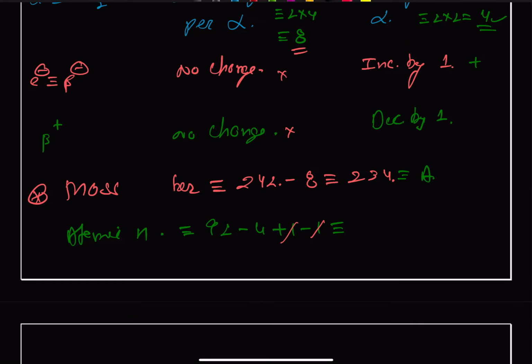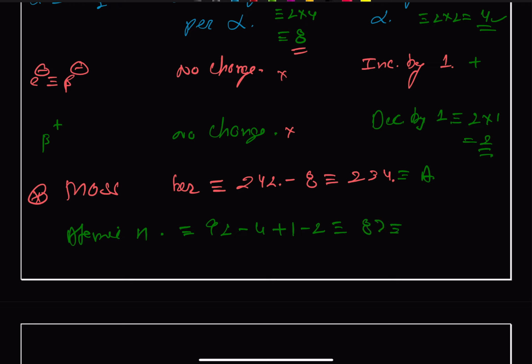So there are 2 positrons, so this is decreased by 2. So increase by 1, decrease by 2. So this comes as 93 minus 6, giving us 87.